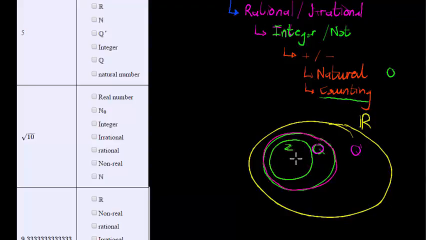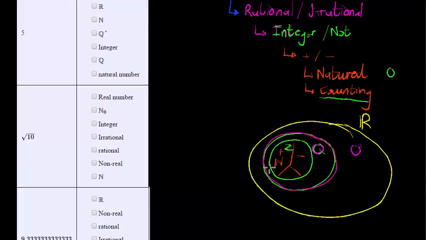So the integers are divided into two parts: positives and negatives. All the positive numbers are the counting numbers, the natural numbers.